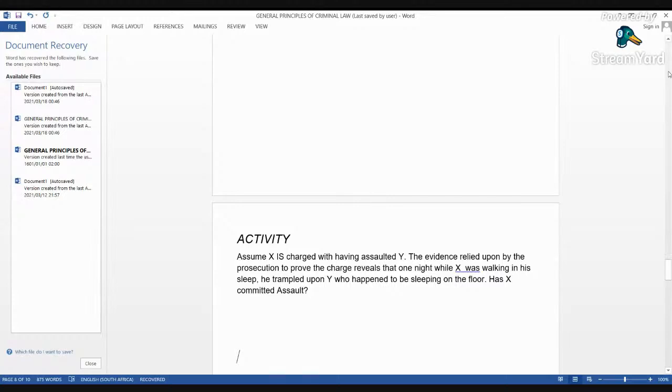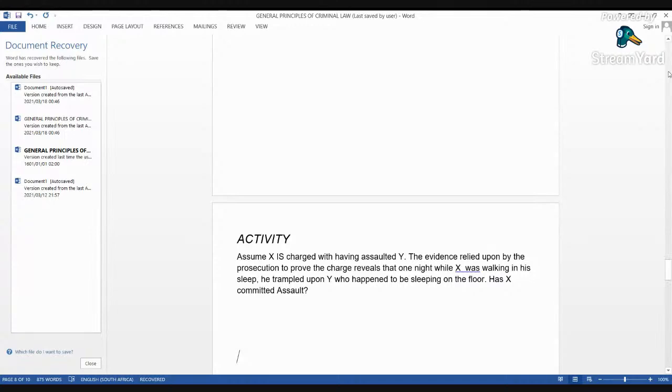In this scenario, was the act voluntary? Because X is sleepwalking, there is automatically no voluntary act. So the conclusion is that X can thus not be charged with assault.